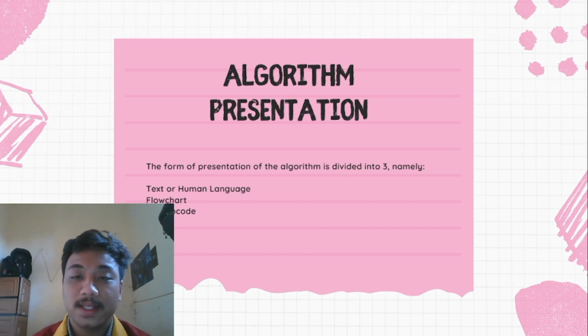The following is an explanation of the important elements in a flowchart. The first one is basic symbols. Flowcharts use special symbols to represent various elements. Some basic symbols include the square or rectangle, which represents the steps or instructions in an algorithm.